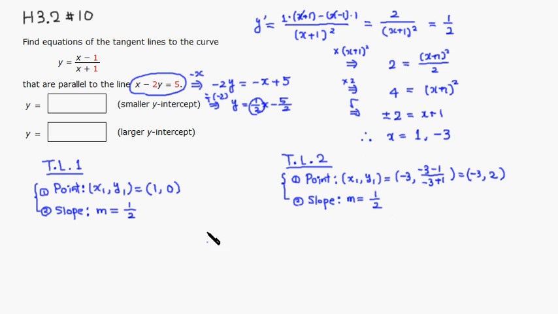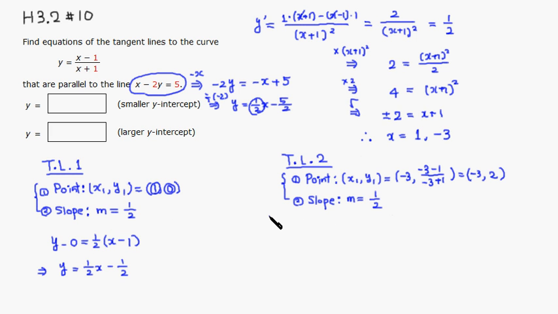So we can get an equation by point-slope form. We have y minus y1, which is 0, is equal to 1/2 times the quantity x minus x1, which is 1 for that. So if you clean it up, y is equal to 1/2 x minus 1/2 by distributing 1/2 to both terms.